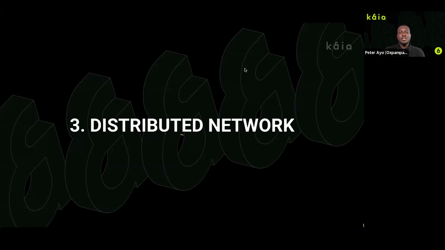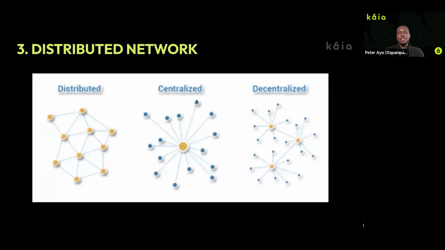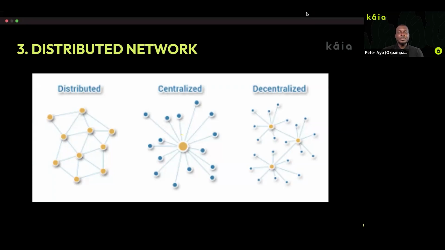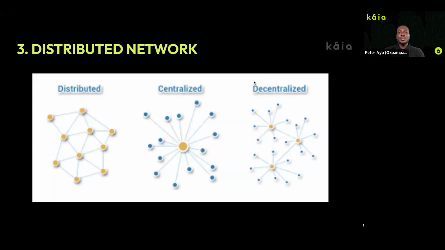This image that I'll be sharing next explains the difference between distributed, centralized, and decentralized. Like I mentioned, when we say a system is distributed, it speaks to the fact that resources or data are shared between multiple computers.